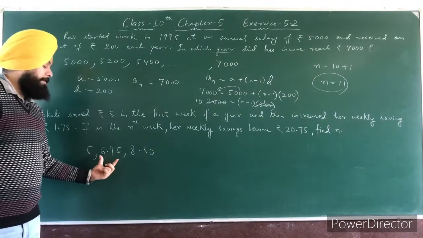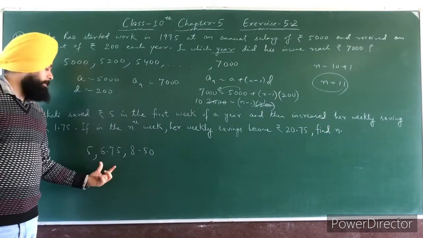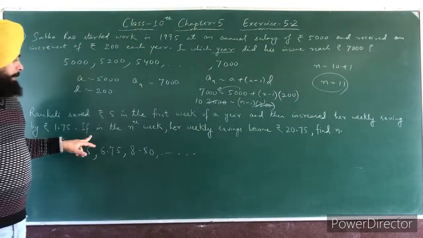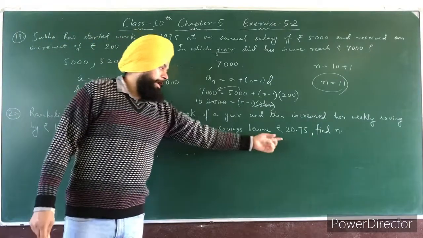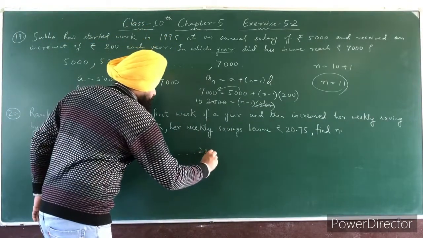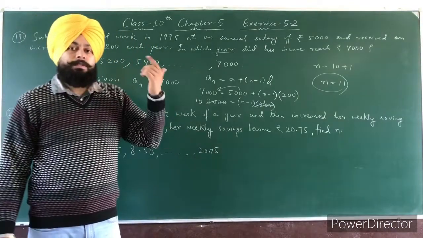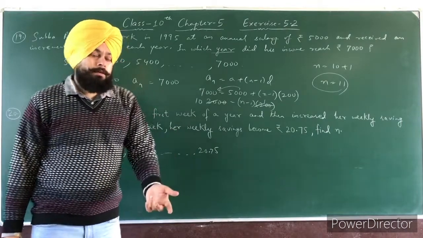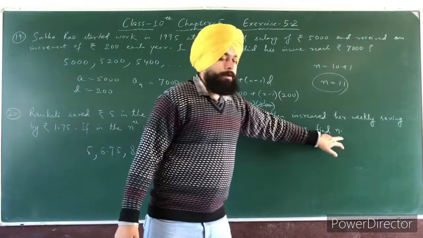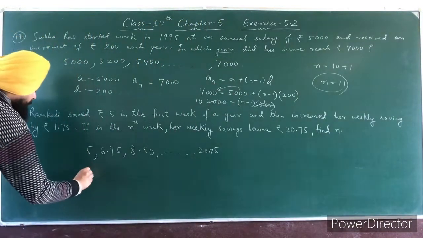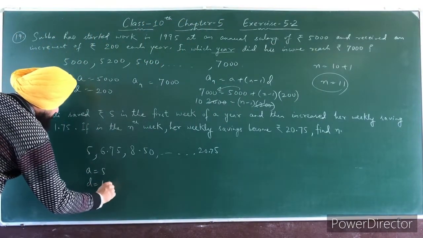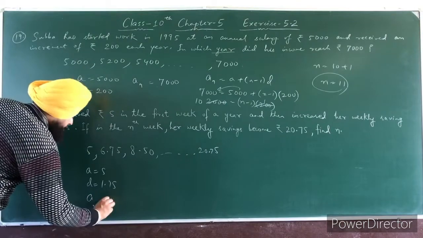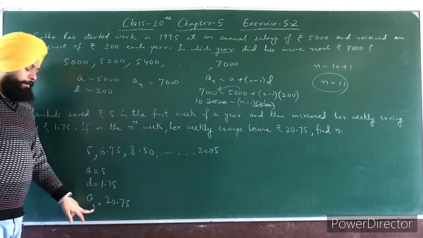You add 1.75 to 6.75, so it becomes 8.50. In the question it is written that in the nth week her saving becomes rupees 20.75. In some week her saving becomes rupees 20.75, and they asked in which week. So you will find here n. So the first term is here 5, common difference is 1.75, and here is the last term, which is 20.75. Now find the value of n.